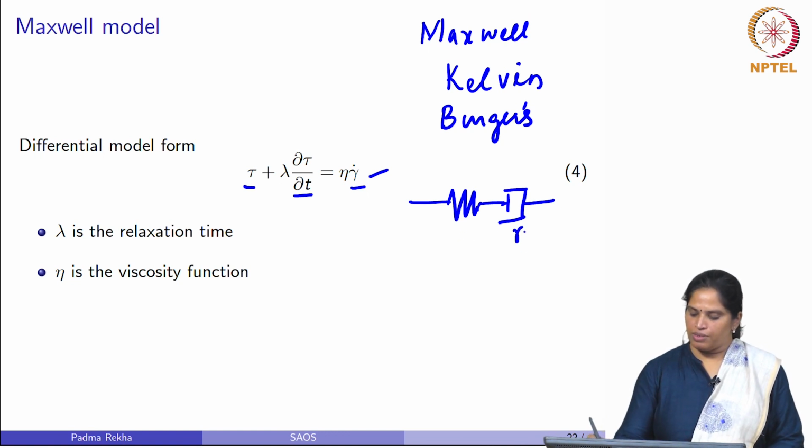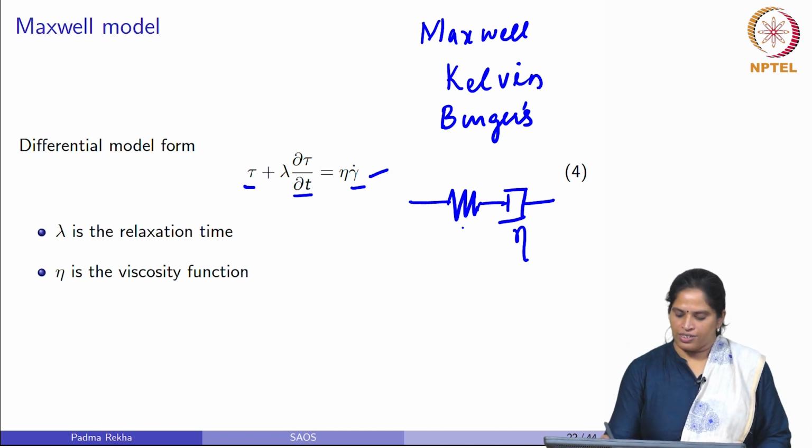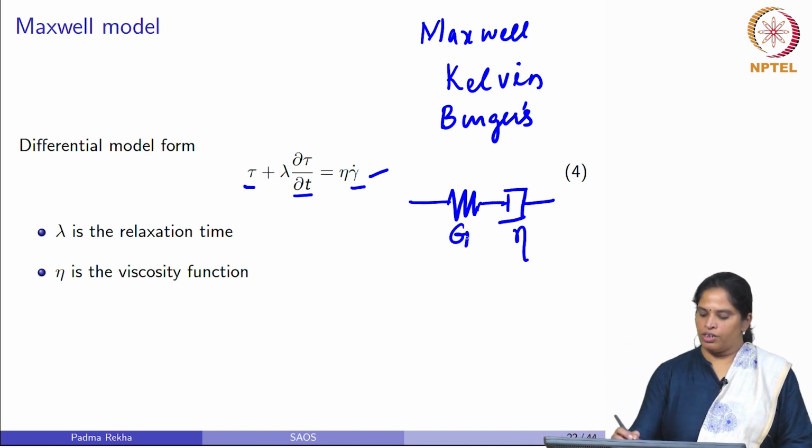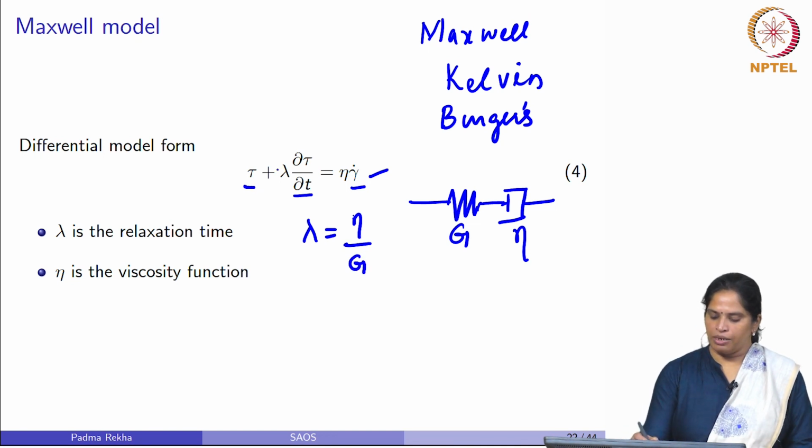If I define the viscous material function as eta and the elastic function as G, the relaxation time lambda is given by eta by G. So, the rate type equation for the Maxwell model is as given in this expression.